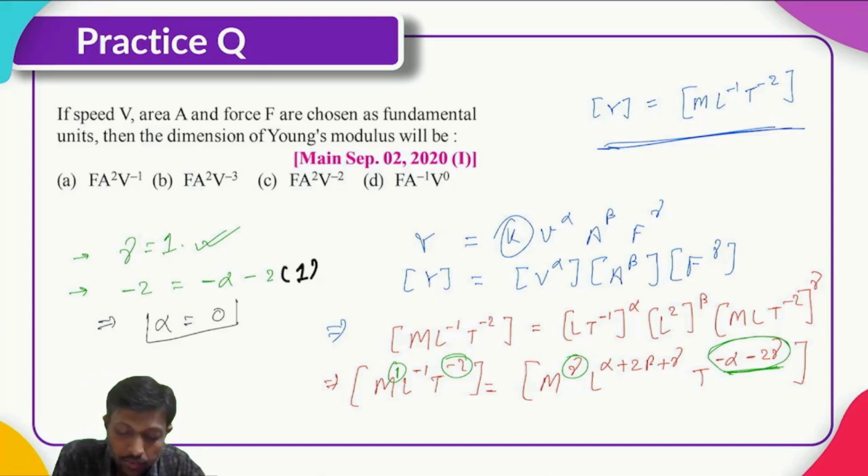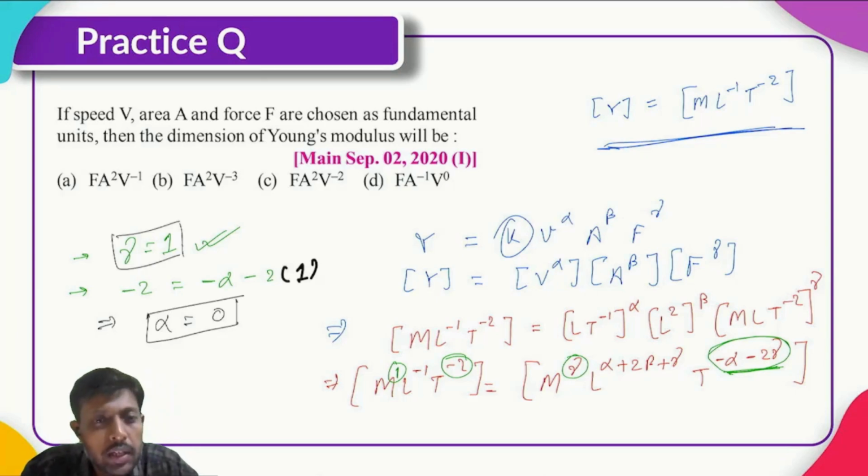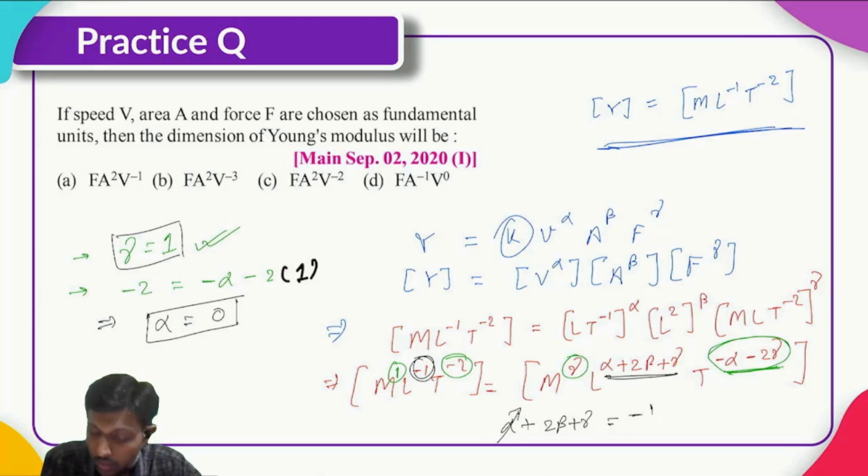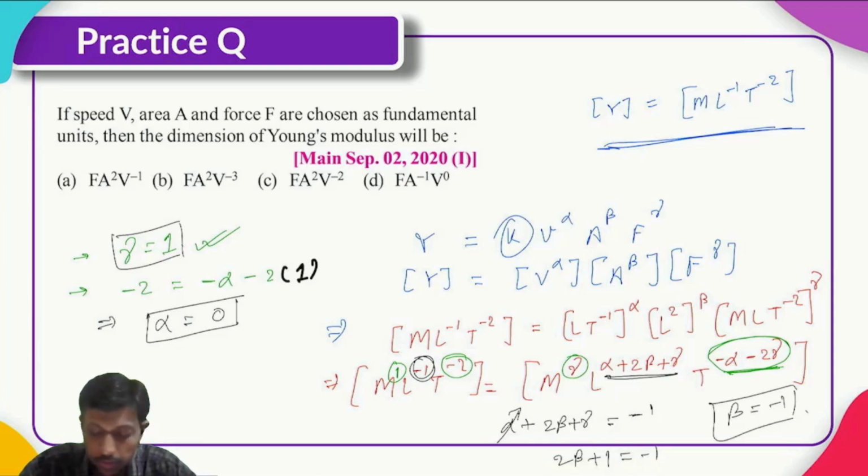So if I have alpha and I have gamma, can I find out beta? We'll use the third equation: alpha plus 2 beta plus gamma is equal to minus 1. Alpha is 0, so we'll just cancel this out. Gamma is 1, so 2 beta plus 1 equals minus 1. So beta is equal to minus 2 upon 2, that's minus 1. So beta equals minus 1.